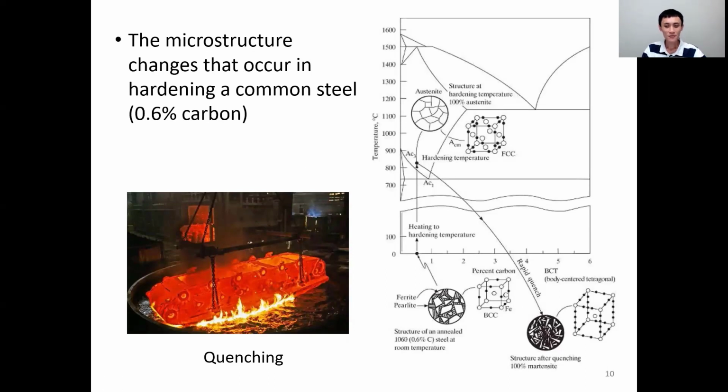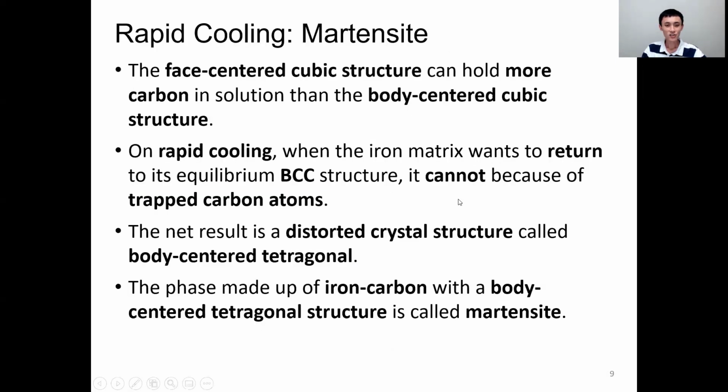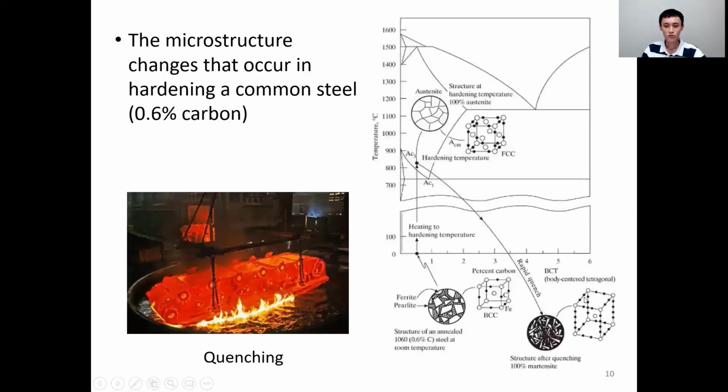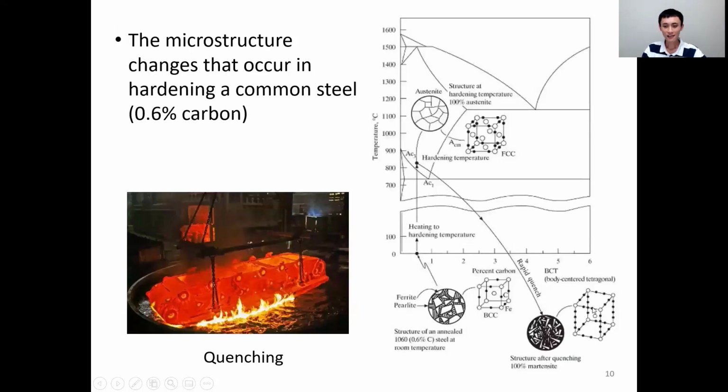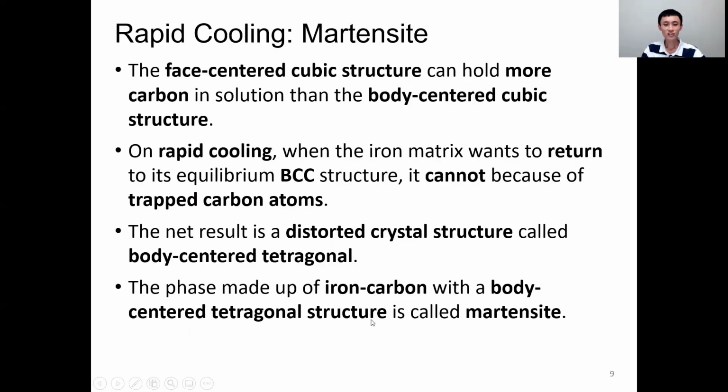It finally becomes a body-centered tetragonal structure. And the additional carbon atoms were trapped in the structure, and thus distorted the crystal structure, and we call this structure martensite.